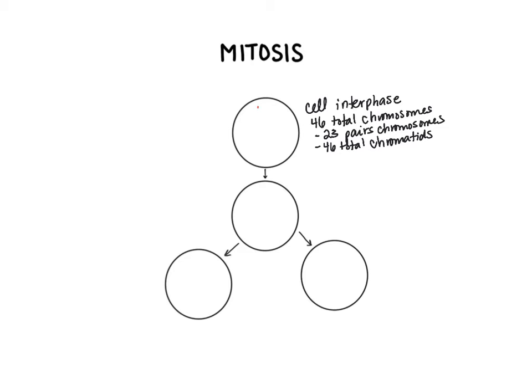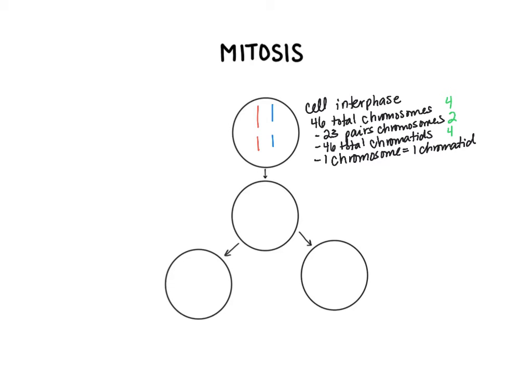So we are going to draw just two chromosomes, or two pairs of chromosomes, I should say here. So in our picture here, we're looking at 4 total chromosomes, or just 2 pairs. And we've got 4 total chromatids because each chromosome is made up of one chromatid. So 1 chromosome equals 1 chromatid.